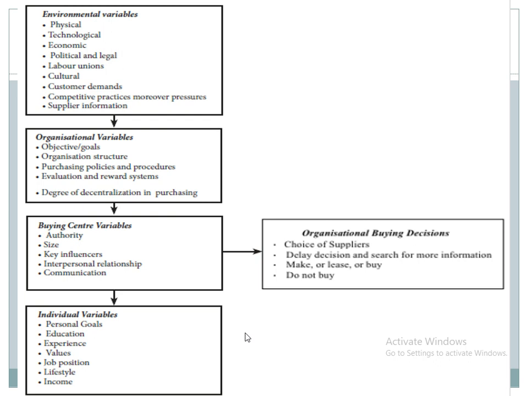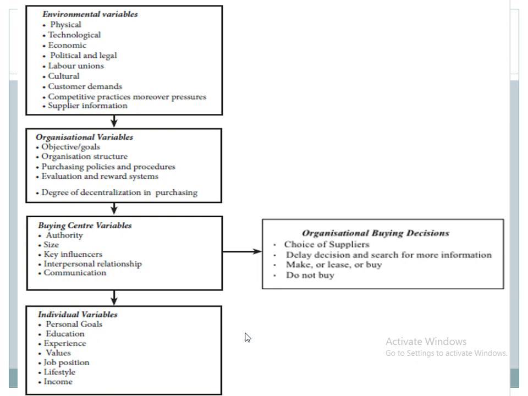For example, in a recessionary economic condition, the industrial firms minimize the quantity of the items purchased because there is a recession. The environmental factors influence the buying decision of the individual organization.